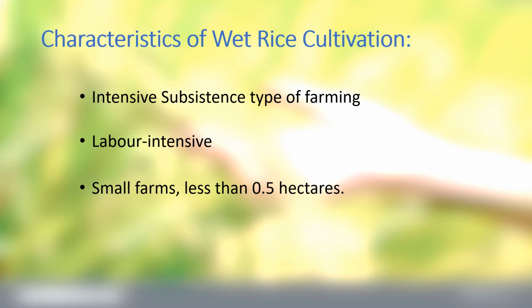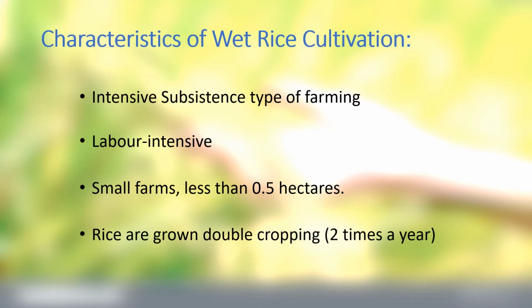Another characteristic of wet rice cultivation, the farm is small, less than 0.5 hectares. Rice is grown by double cropping, which means they can grow crops 2 times a year.